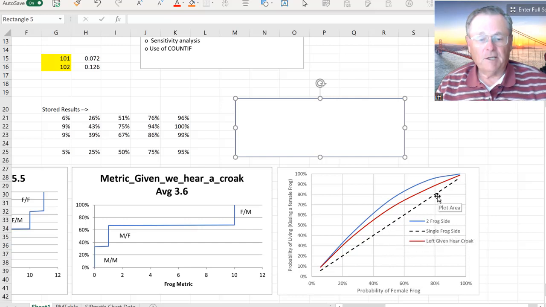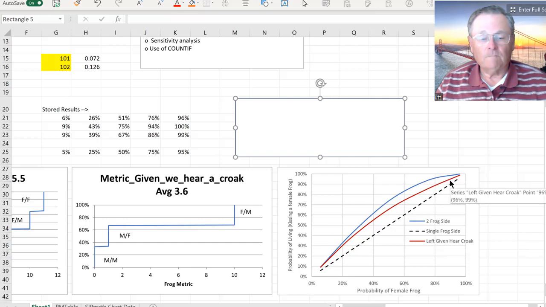At 80% chance of a female frog, I have an 80% chance of living. If I have no information to go to the 2 frogs, it follows this blue line. Okay? And we saw before where if I had a 50% probability, it's 75%. That's what we see here.